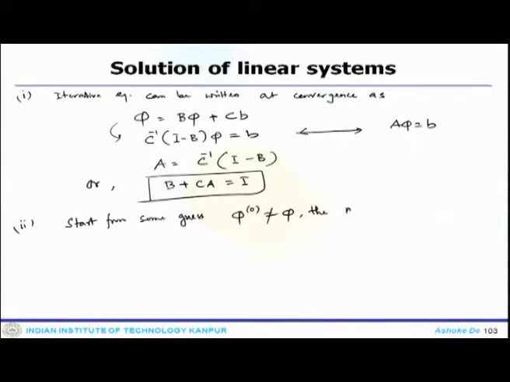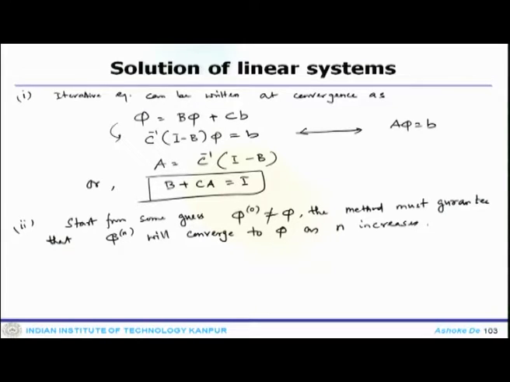The method must guarantee that phi^n will converge to phi as n increases.